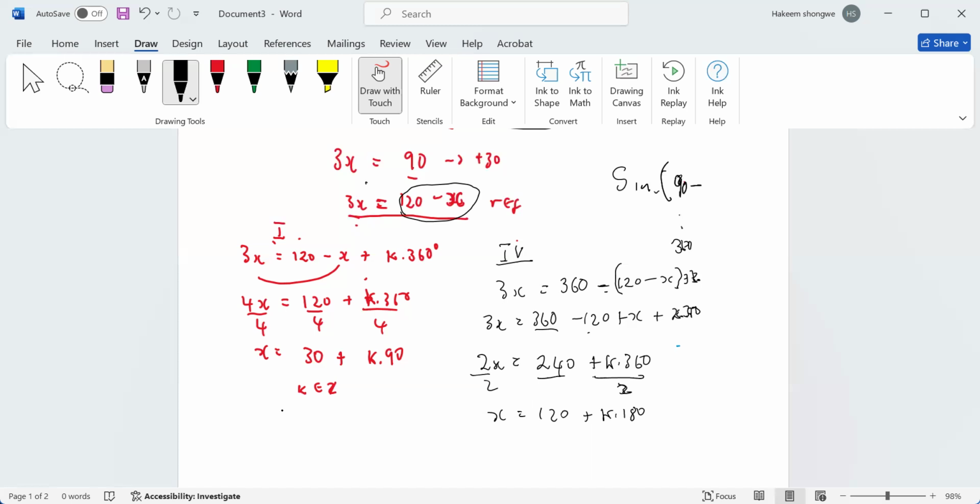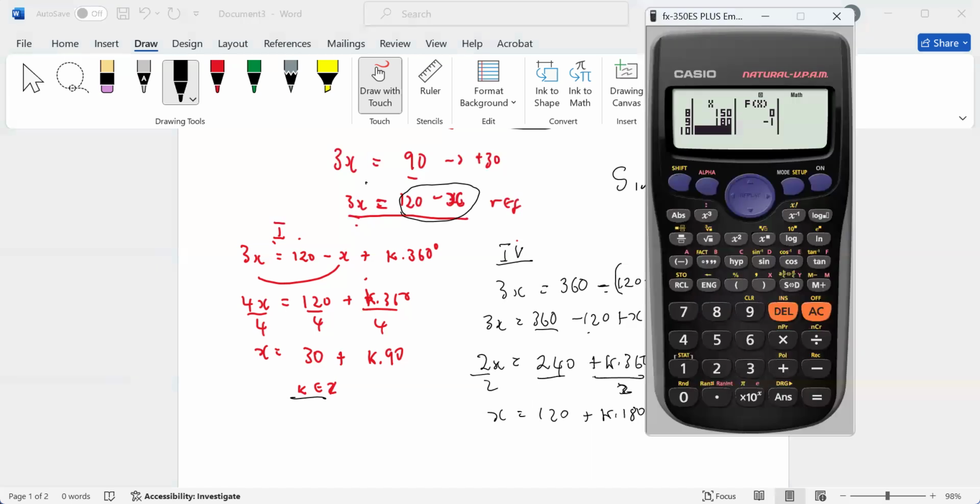K is an element of all the integers. Now as we say that k is an element of all integers, let's start in the first quadrant again. What are integers? Integers go from negative infinity until positive infinity.